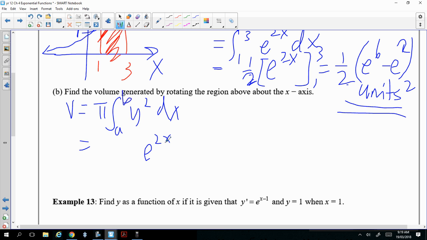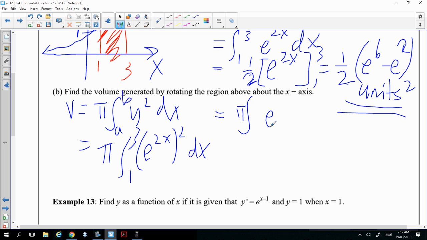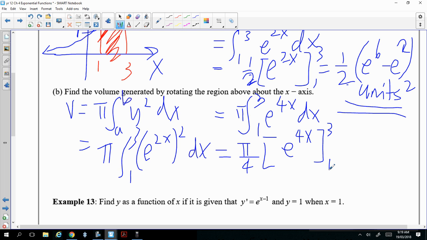Okay, alright, y squared, so you go pi times integral of e to the power 2x squared dx from 1 to 3. You have to square it before you integrate, so you get e to the power 4x dx, and then you get pi over 4 e to the power 4x from 1 to 3, okay, and then you get pi over 4 times e to the power 12 minus e to the power 4.